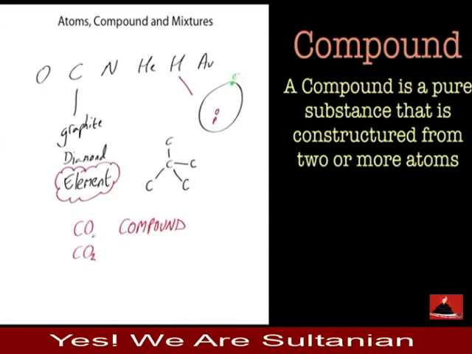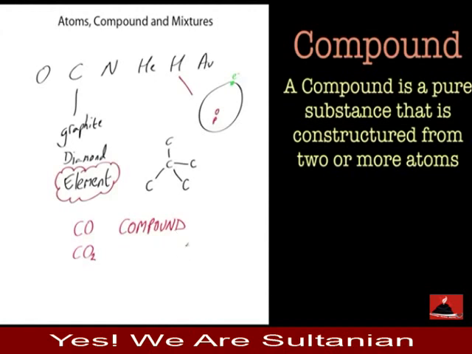A compound is made up of different atoms. Sometimes we call these compounds molecules, and that's what a molecule is. A molecule is really just a collection of atoms bonded together covalently or ionically. I urge you to have a look at the covalent and ionic bonding tutorials to understand what that means.